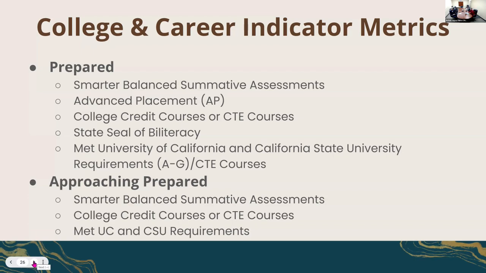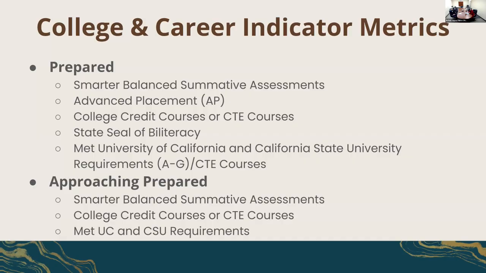So for students to be prepared, the metrics is Smarter Balanced Summative Assessments at level 3 or higher. Advanced placement, and there's several ways that combinations of AP classes and AP scores you can get to meet that requirement. College credit courses, like as I shared earlier, we have several students who take classes at AV and Antelope Valley and in other colleges where that becomes part of their high school career, and CTE courses, which I know you guys have heard a lot of presentations recently from our counselors about the many offerings we have for CTE.